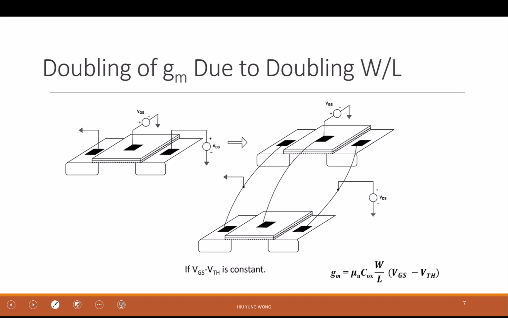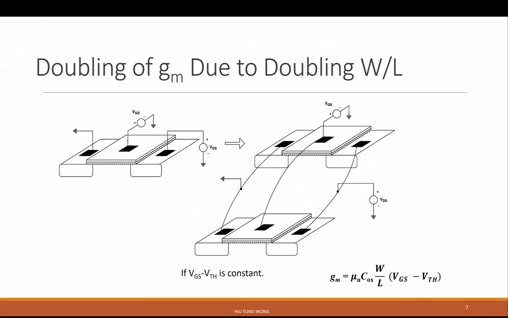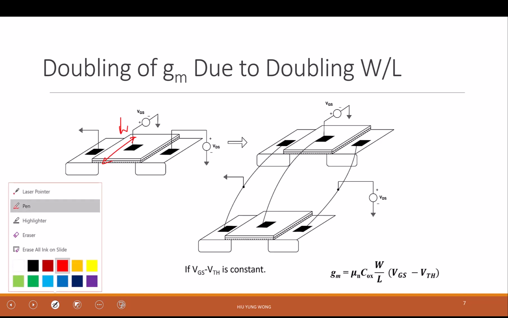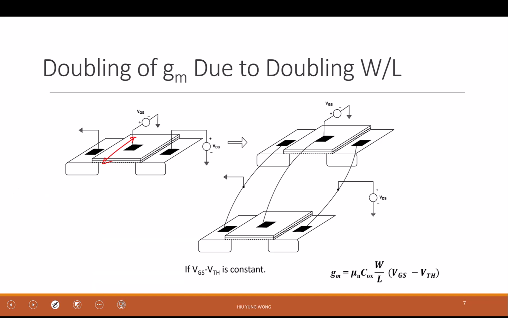Okay, so here is a way to double the GM, right? Because GM is important, so we have this slide to talk about this. If I have a transistor, this is its width, right? I hope that you're very familiar with the transistor picture now. This is a 3D picture. This is the width. This is the length. This is source. This is drain, and this is gate, right? I just make 2 of them, or I can make it longer. The point is that I make them in parallel, right?